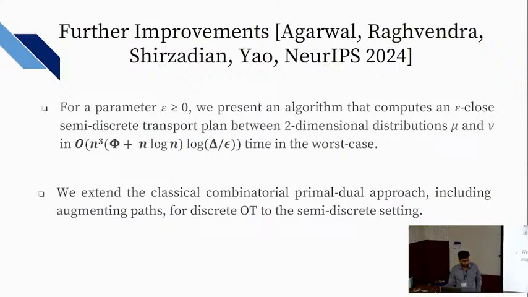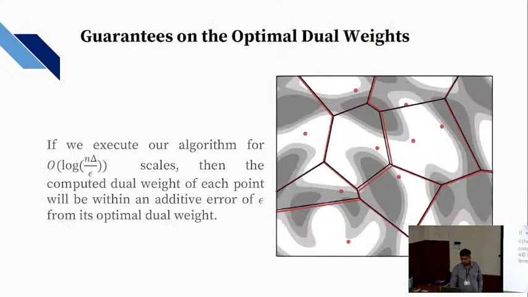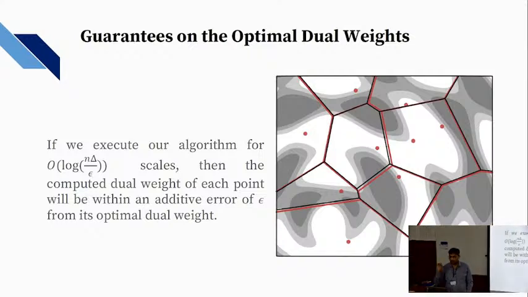How can that be? There could be multiple optimal weights. Even in network flow, there could be many weight assignments. Yes, so it converges to epsilon close to one of the optimal solutions.